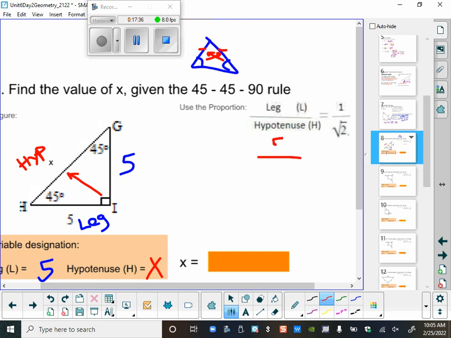Leg gets replaced with 5 equals, well, didn't do equals yet. What about hypotenuse? What did we say the hypotenuse was for now? X. Then we have, just copy this, 1 over square root of 2.